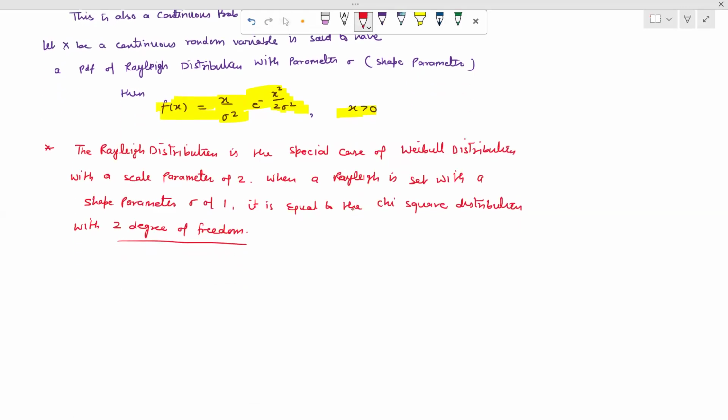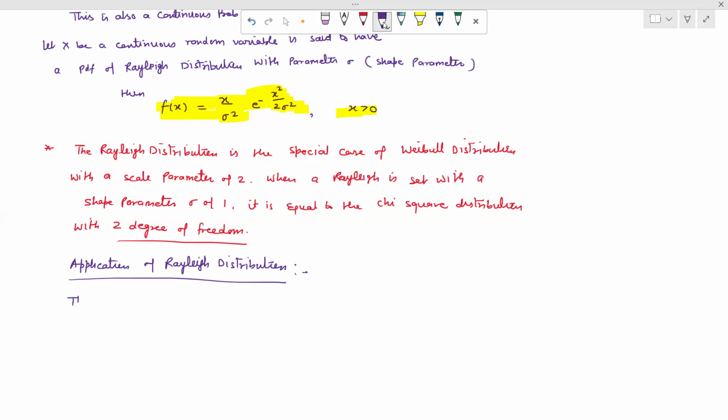Now we write down the applications of Rayleigh distribution, where we use the Rayleigh distribution. So Rayleigh distribution has very wide applications in real life.